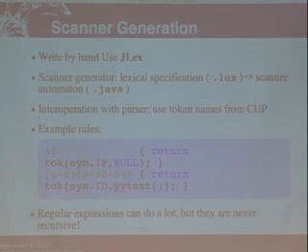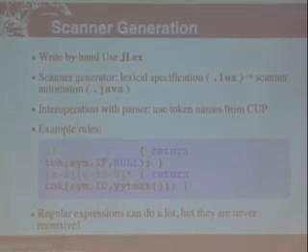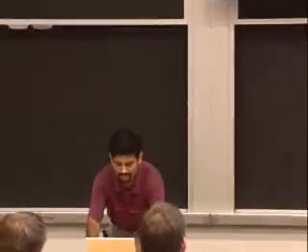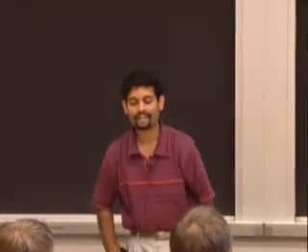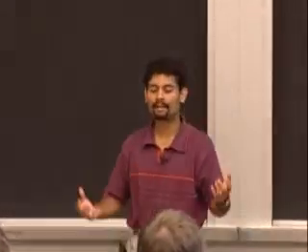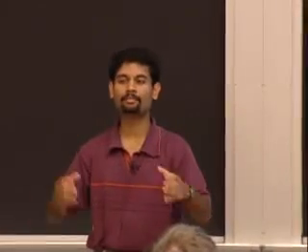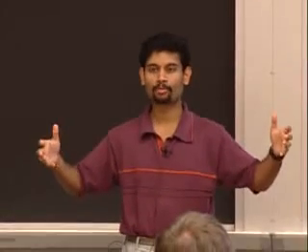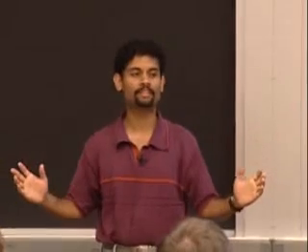I remember writing one of these for a BASIC interpreter in 12th grade, and it was not fun. I did a lot of bad things. I wrote the scanner, the parser, and the interpreter, the actual running of the code, all together in one function. I don't ever want to see that code again in my life.